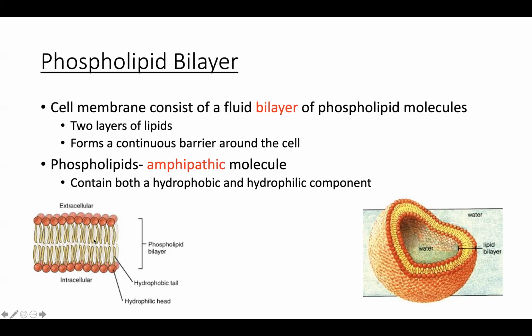We have a layer of phospholipids here, and then we have a layer of phospholipids here. All right. Now, this phospholipid is a very special type of lipid. Write down this term phospholipid. Okay, it has some very important features, one being that it's an amphipathic molecule. All right, an amphipathic molecule is going to be one that contains both a hydrophobic and a hydrophilic component.